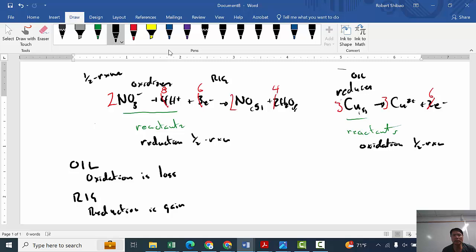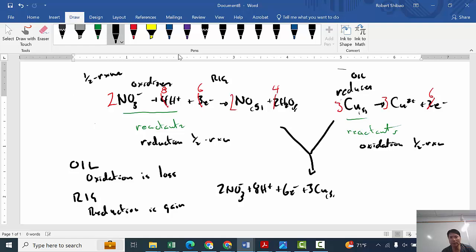All right, next, we're going to combine the 2 half reactions to make the net redox reaction. So I'll just add everything on the left from both equations. 2 nitrates plus 8 H plus plus 6 electrons plus 3 copper solids.